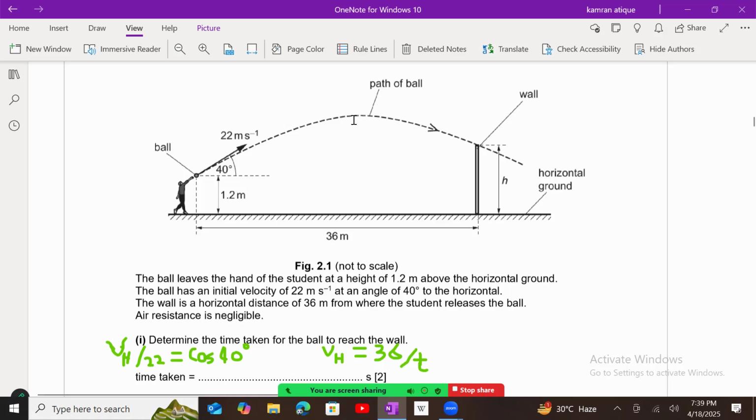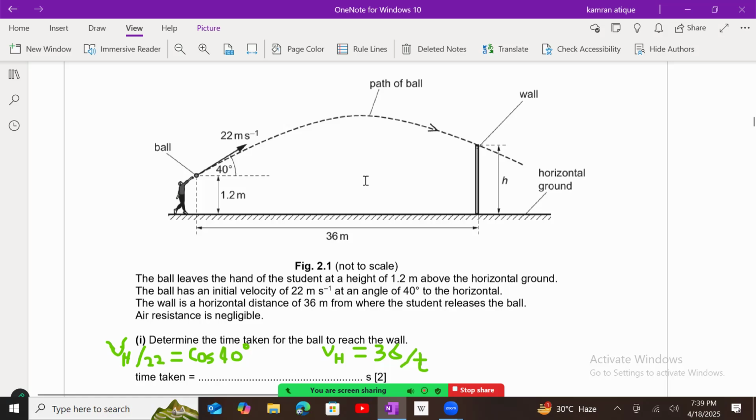But as far as the vertical direction is concerned, we all as students of science know that there is a resultant force acting in the vertical direction, which is the force of gravity.